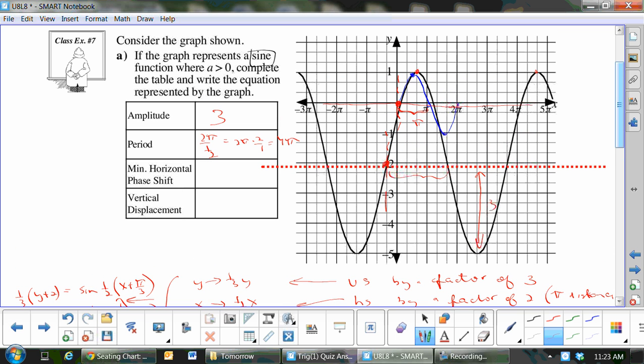You could go like this. Well, let's count. Now these are pi over 3s, right? 1, 2, 3, 4, 5, 6, 7, 8, 9, 10, 11, 12. 12 pi over 3 equals 4 pi. Okay? Another way you even get to check if your equation's right.